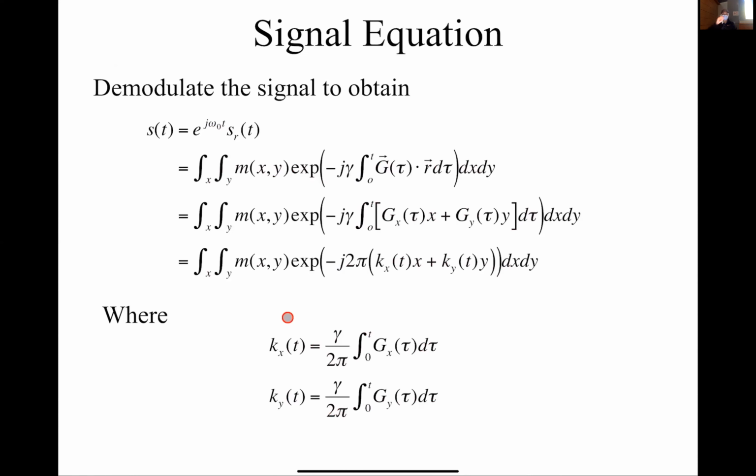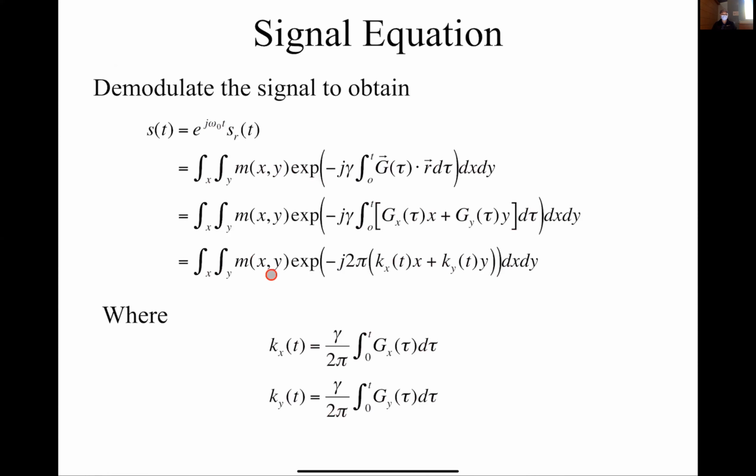And then what it means is that if the gradients have moved you to this point in k-space, at that moment, if you look at the MR signal, it's going to give you the Fourier transform at that location in k-space. So in MR, we use the gradients to move around in k-space. And at every point in k-space, we look at the signal value, and then we record that and say, okay, this is the value of my Fourier transform at this point in k-space. Okay, I'll use the gradients to move to another location. Now I get another value, and so on and so forth.